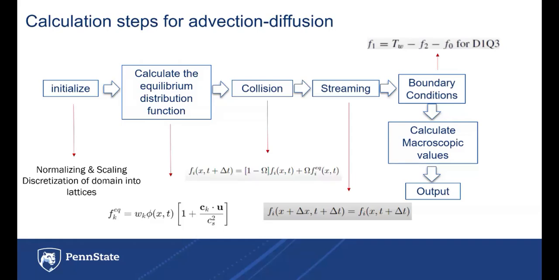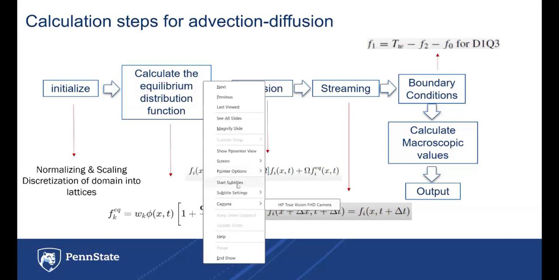In our case, I divided the domain into 4 lattices, and each lattice stands for 1 meter. And then we need to calculate the equilibrium distribution function for each lattice.